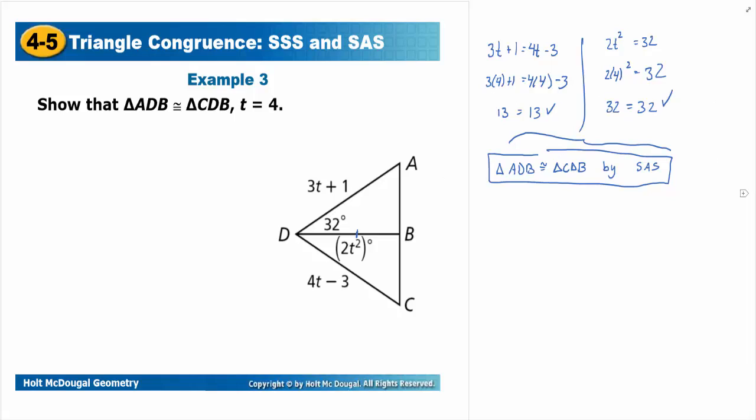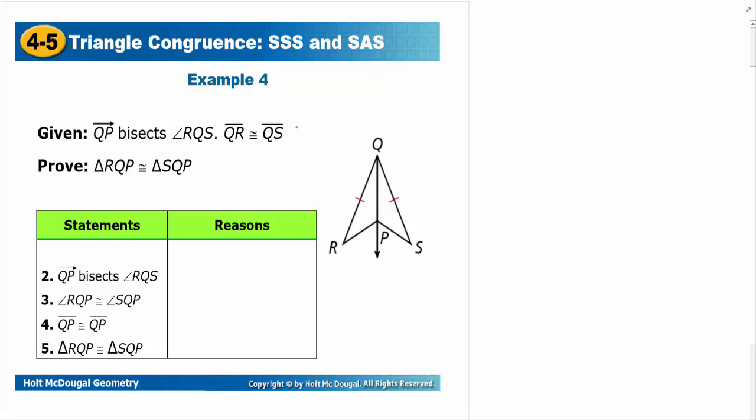Okay. All right, so to wrap up again, I'll give you a second if you want to write this down. Get the statements and reasons written up so we can do our proof. Okay, so for this one, I'm going to write up our proof. We're trying to prove that these triangles are congruent, so we can use side angle side.